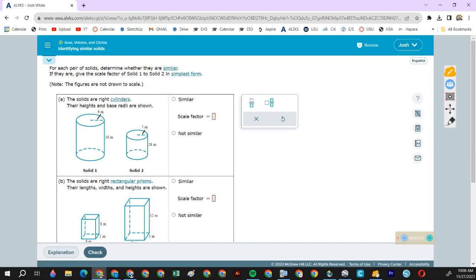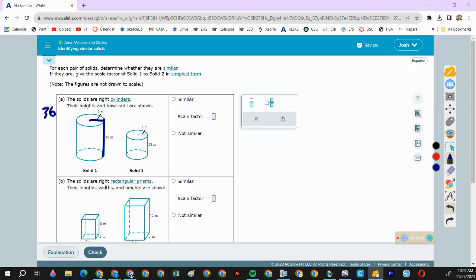All right, identifying similar solids. In order for something to be similar, every dimension has to be proportional. So this has a radius of 9, and this is a length of 36.